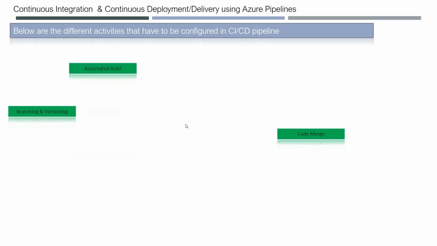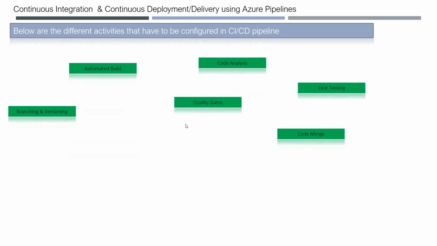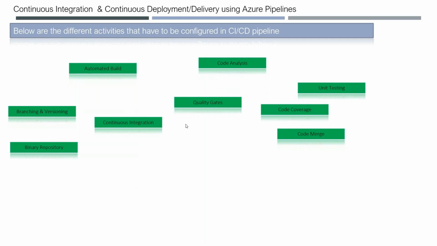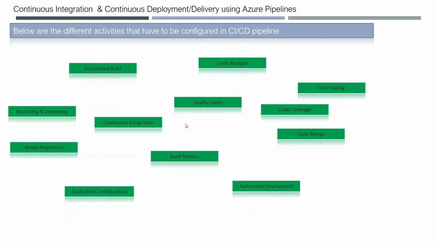From there, you're going to configure automated builds, code analysis, unit testing, quality gates, code coverage, continuous integration, binary repository. There is a definition for continuous integration itself. Then binary repository, build metrics, application configuration, and automated deployment.